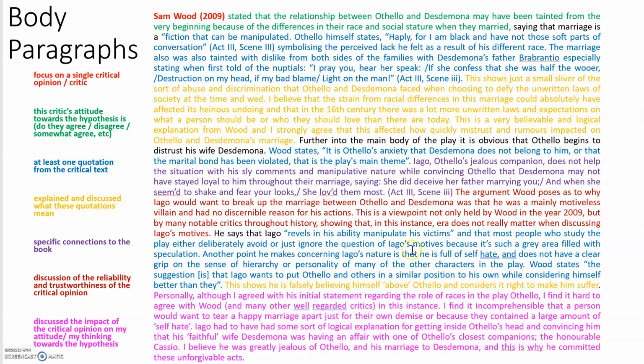Right, discussing the impact of the critical opinion on your attitude or your thinking towards your own hypothesis. Again, this is at the end of the paragraph, so the student here has discussed how they have been influenced by the critic that they've read. They go in with the phrase, "Personally, although I agreed with this initial statement regarding the role of race in the play Othello, I find it hard to agree with Wood," and then they go on and explain why they can't agree.